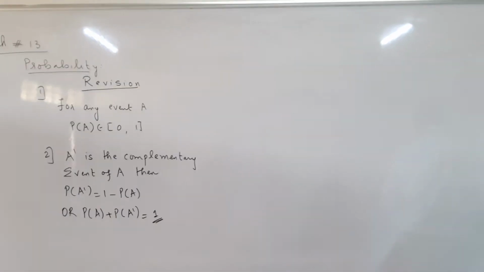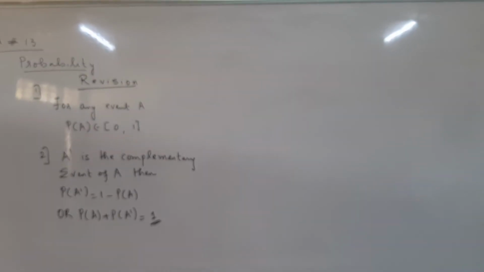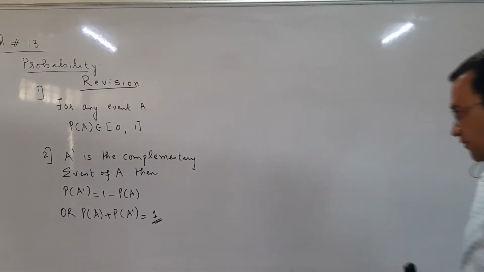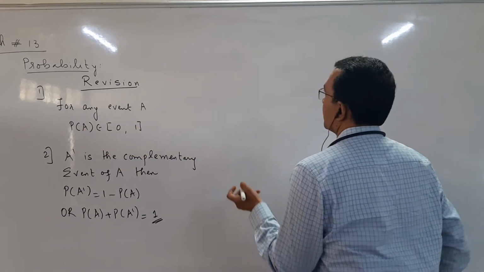If A dash is the complementary event of A, its probability P of A dash will be 1 minus P of A, or conversely P of A plus P of A dash is equal to 1.